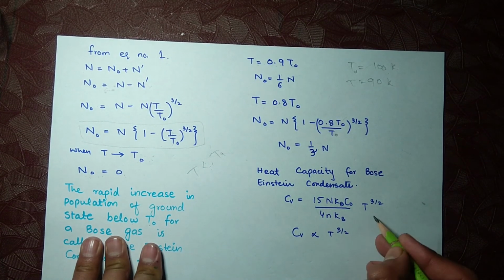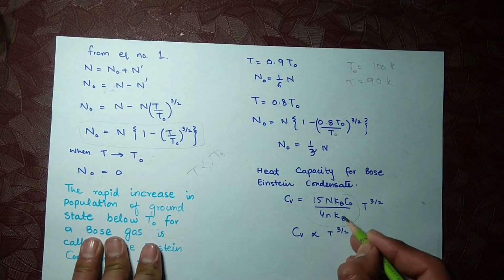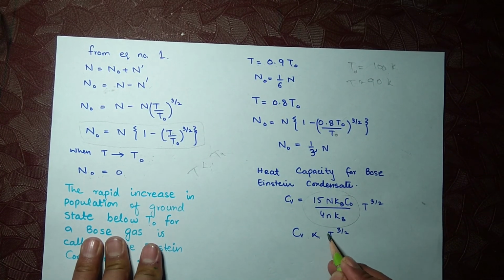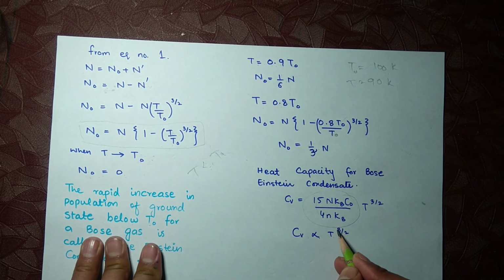Okay, so the heat capacity for a Bose Einstein condensate is given by CV equals this factor, where this is a constant factor, and we can say that CV is directly proportional to T power 3 by 2.